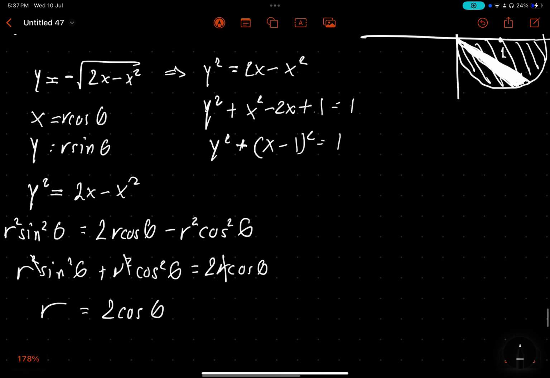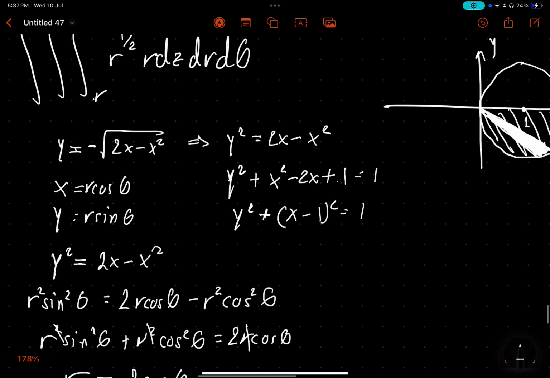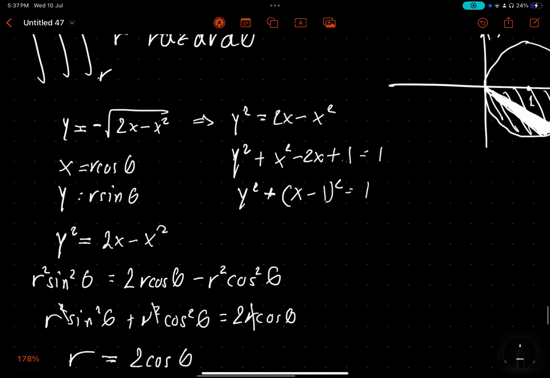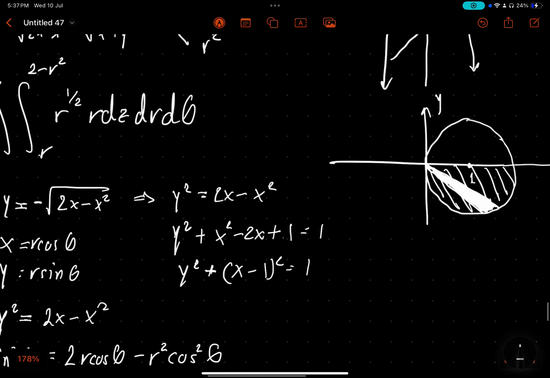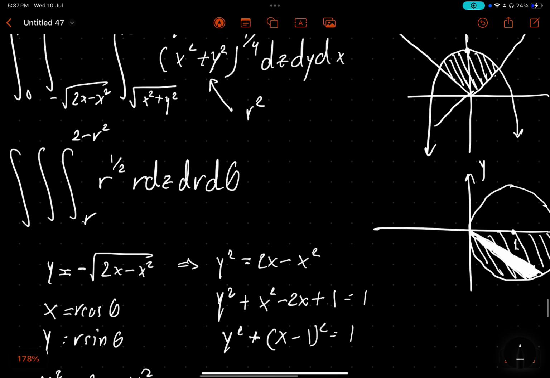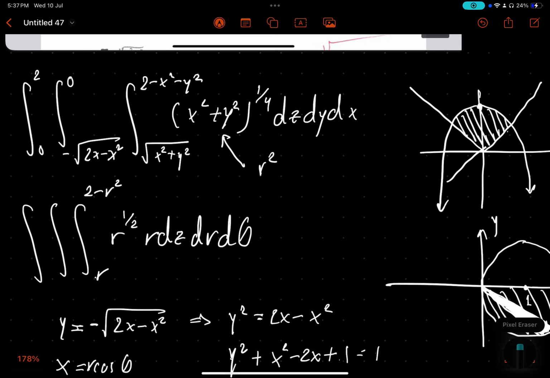But we need to make sure that we take the negative side. How do we make sure of that? So here we can just say this is our r.